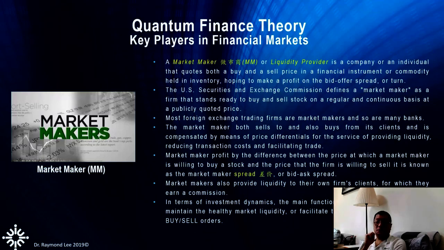So in terms of investment dynamics, the major function of the market maker is to maintain healthy market movement and liquidity, and also to facilitate the efficient absorption of market buy and sell orders, which means all the time it has to sort out the buy and sell orders so that people won't get stuck.